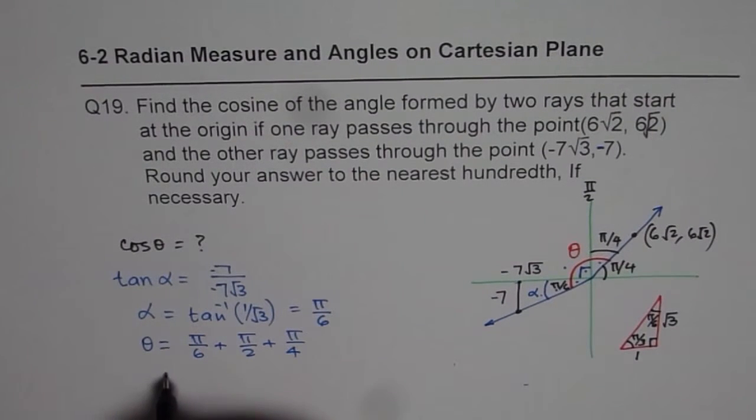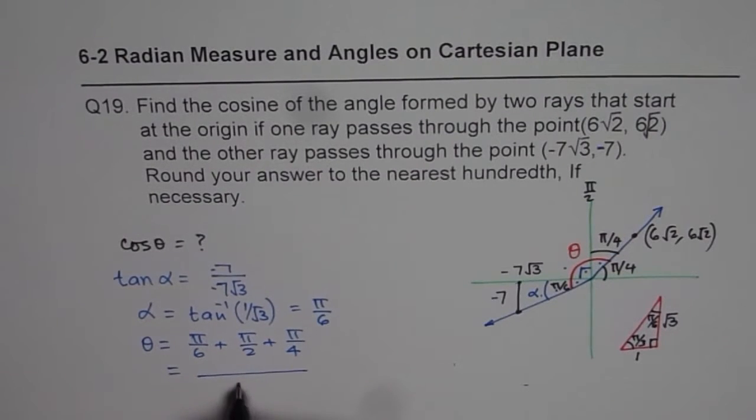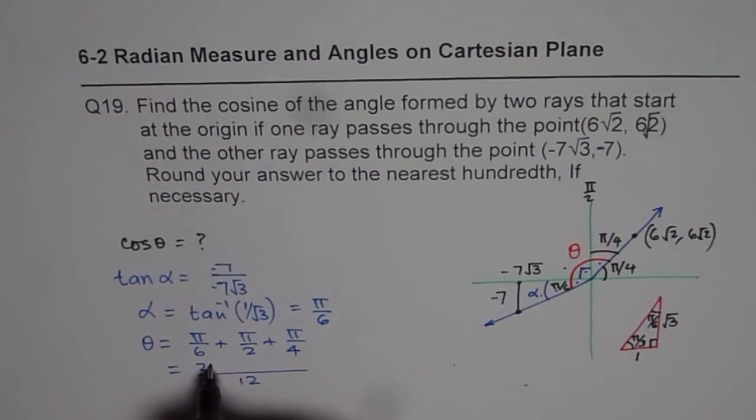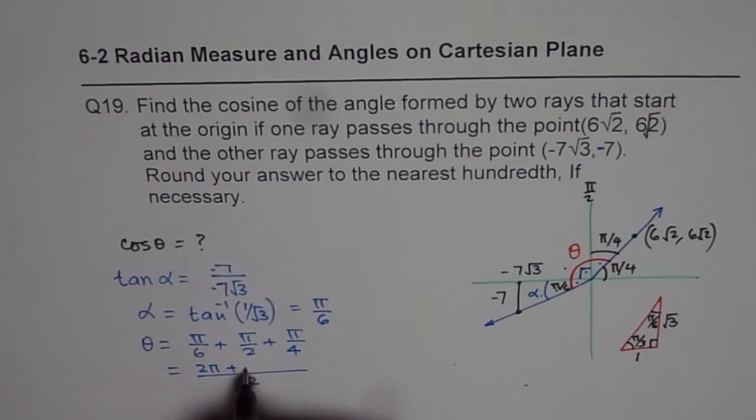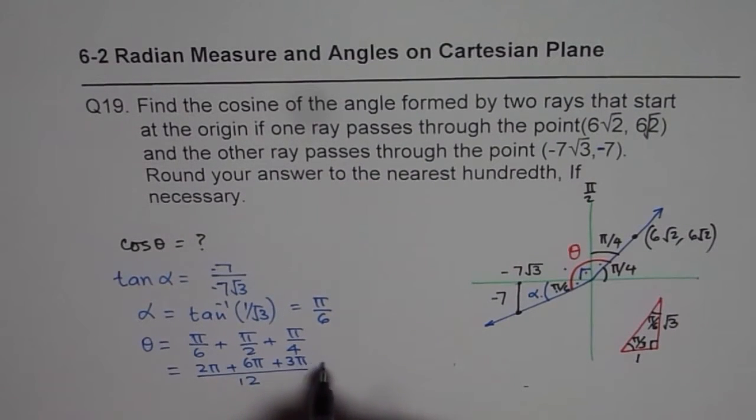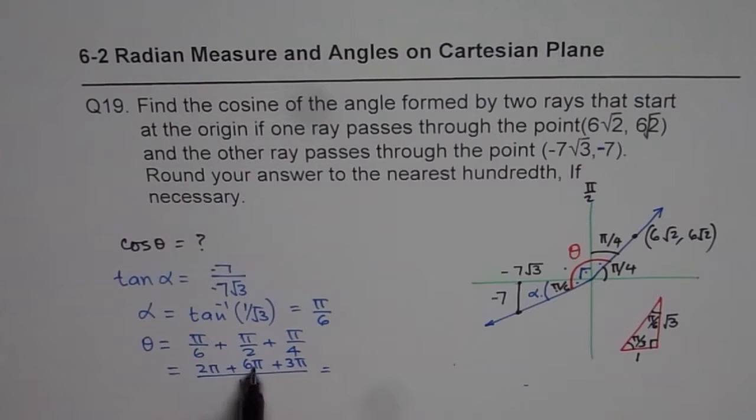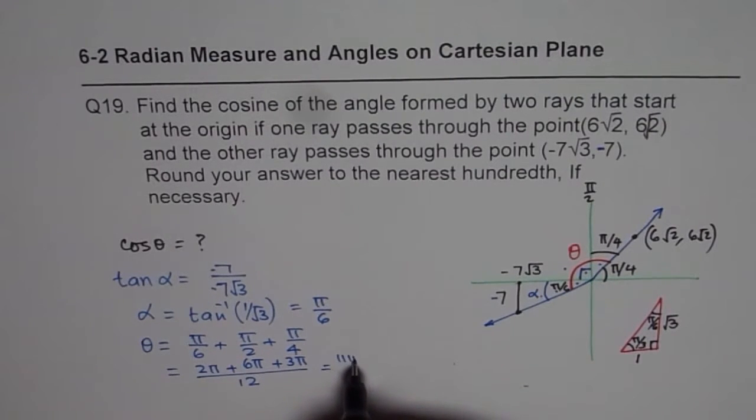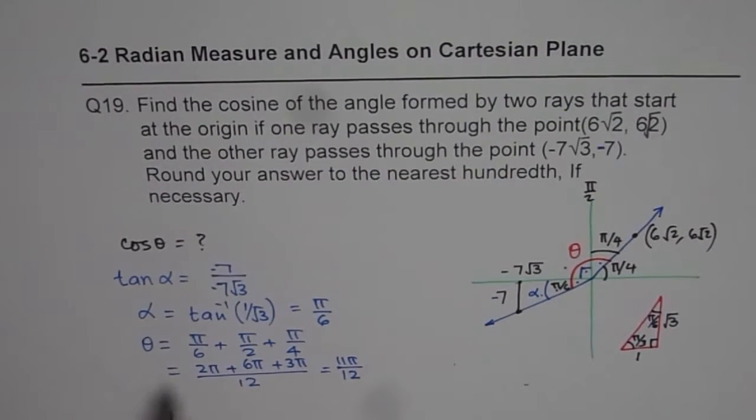You can add them up. Common denominator is 12. So we get 2 pi plus 6 pi plus 3 pi, that is 2 plus 6 is 8, plus 3 is 11 pi by 12. So we know this angle theta is 11 pi by 12.